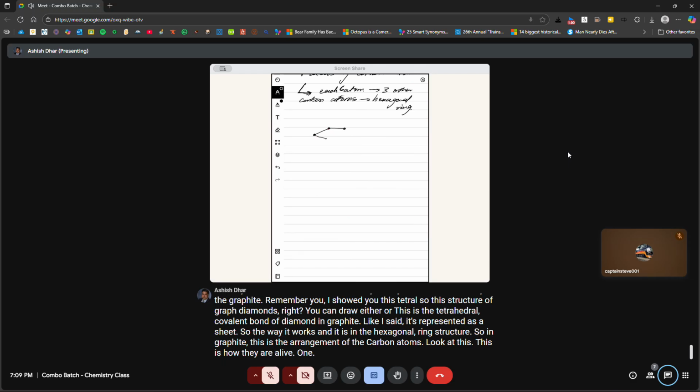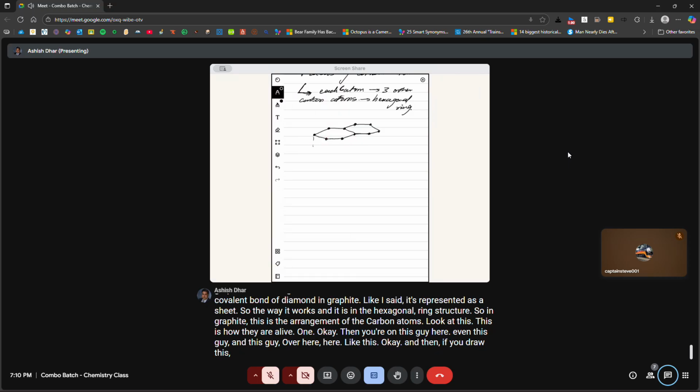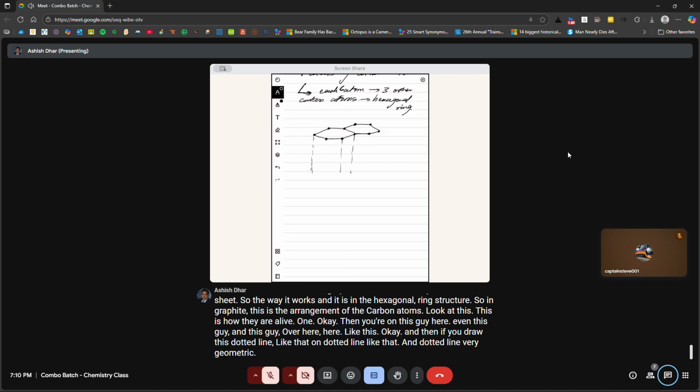One here, here, here. Then you got this guy here. You got this guy and this guy. You got here, here, here, like this. And then if you draw this dotted line like that, and a dotted line, very geometric shaped here, and a dotted line here, all the way.